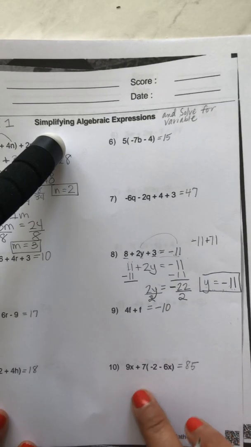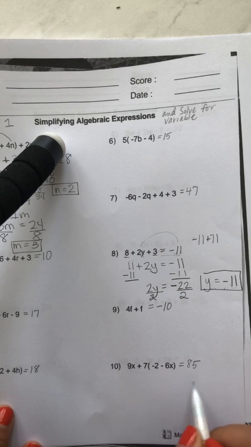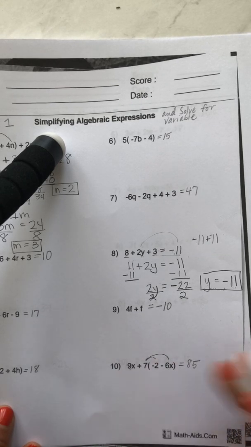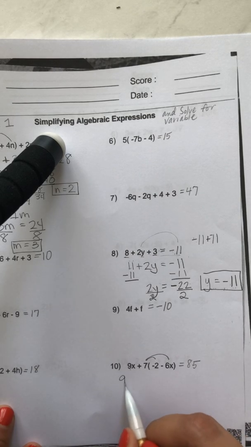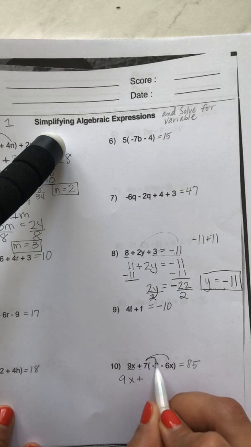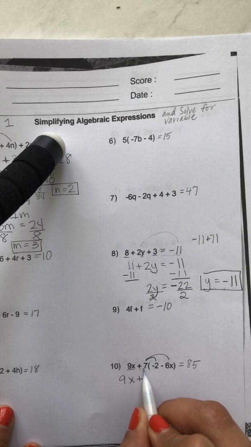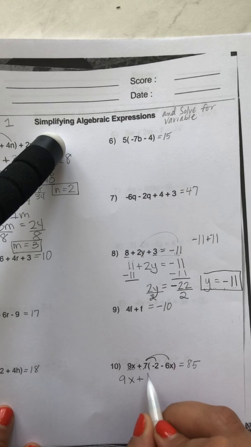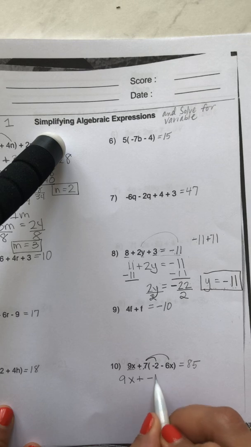And then I want to do this one down here with you. So I'm just going to simplify this equation by distributing this through. So I'm going to write everything down that I'm not working on. So I'm going to copy this down and this. So 9x plus, then I'm going to distribute this negative 7 times positive 7 times negative 2. So that's plus a negative 14.